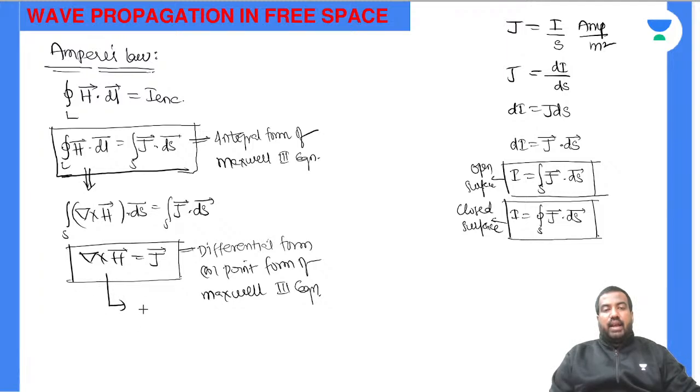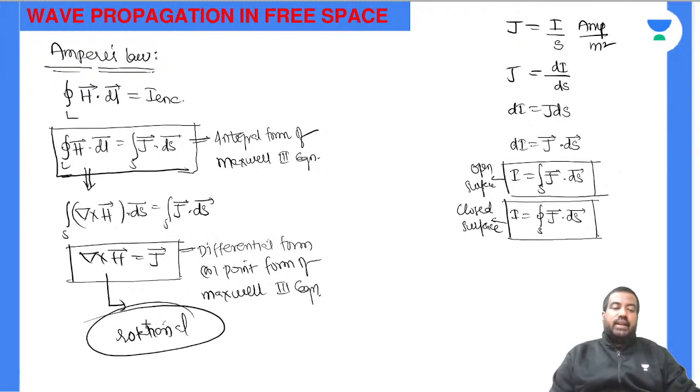It indicates that unlike the static electric field, the static magnetic field is not irrotational. It is a rotational field. Yes, everyone knows that magnetic field is a rotational field. It is also telling the same thing. Clear? Correct, Bhaskar.